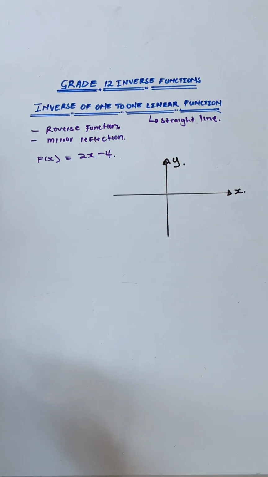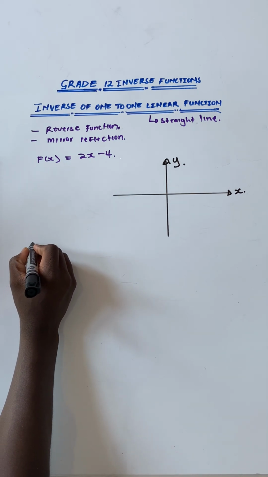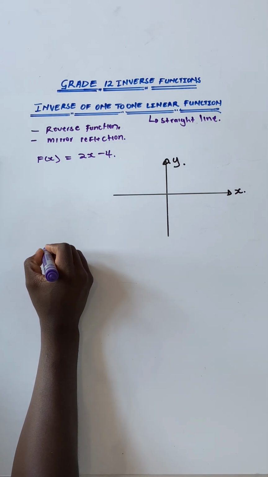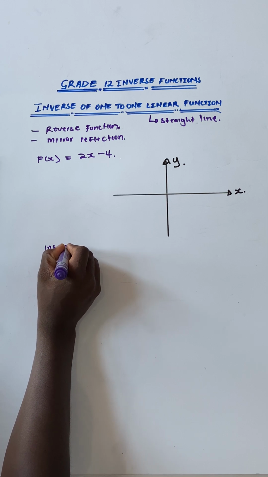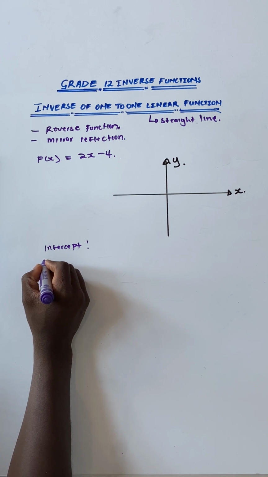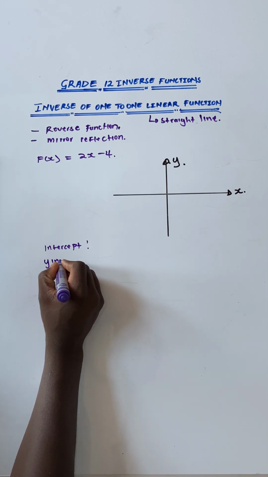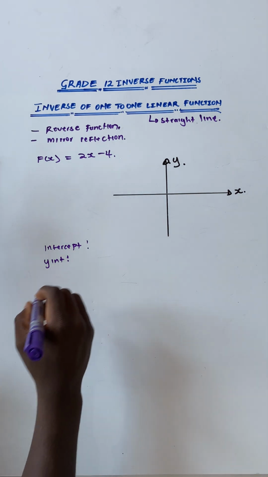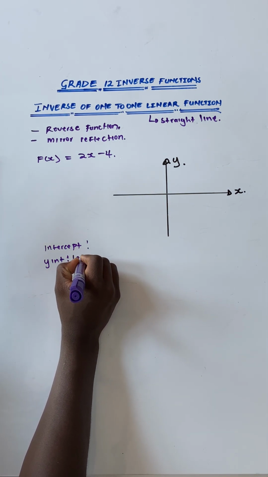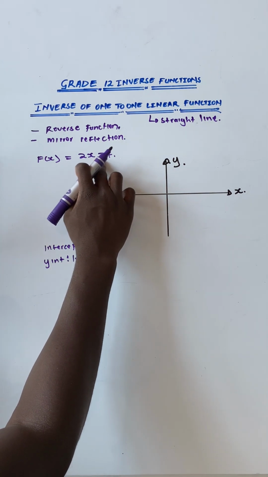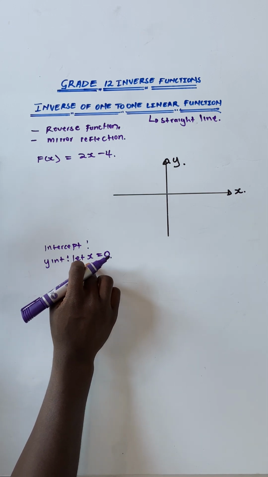The first thing that is important when you want to draw a sketch is the x and y intercepts. The intercepts are very important when you are to draw a sketch of a graph. Let us start with the y-intercept. What do you do when you want to find the y-intercept? You let x be equal to 0.